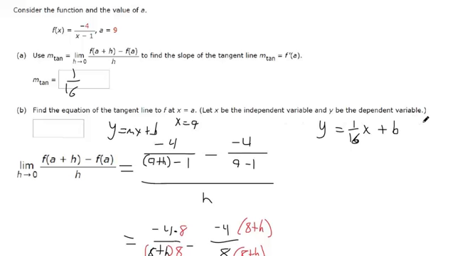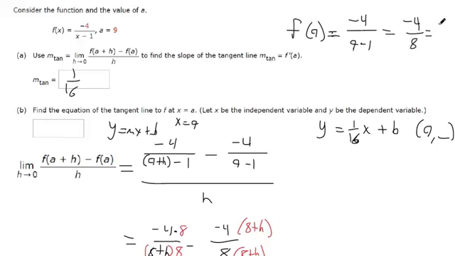So the point we have to use is 9 comma something. We've got to find out what the corresponding y coordinate is. So you can plug in 9 into the original function. So f of 9 equals negative 4 over 9 minus 1. So negative 4 over 8, that's negative 1/2 when you simplify.